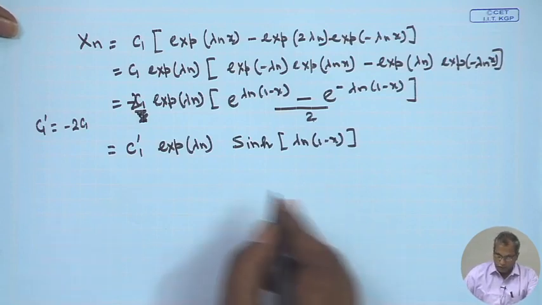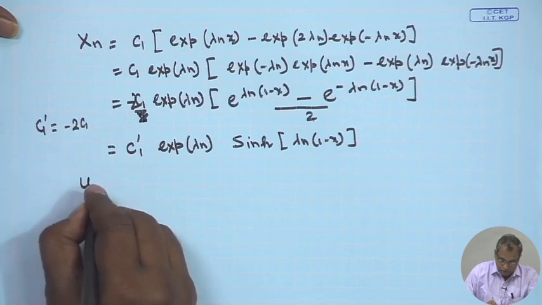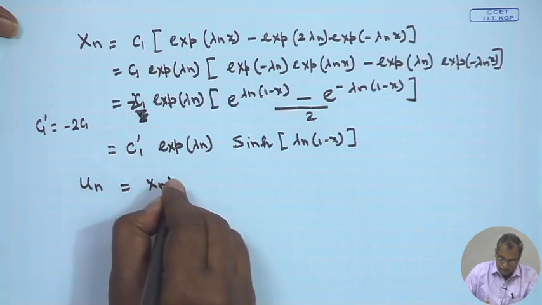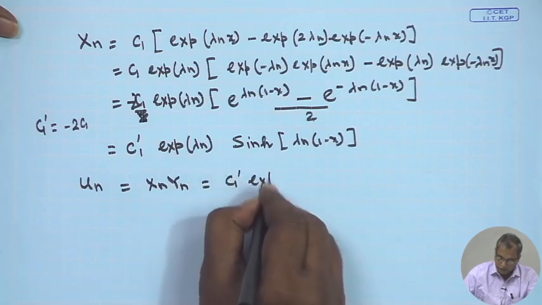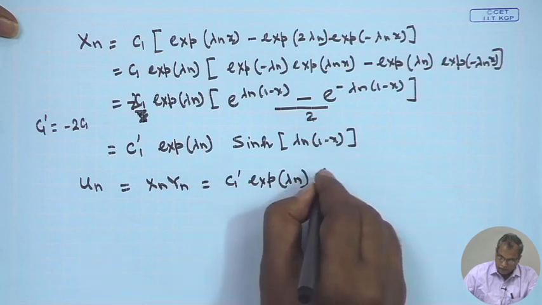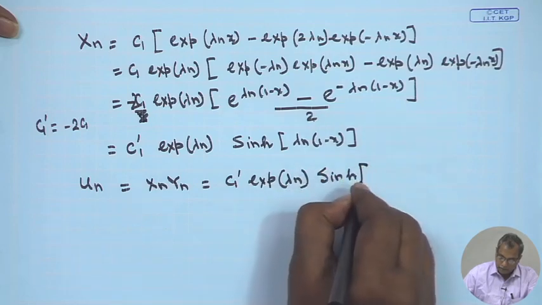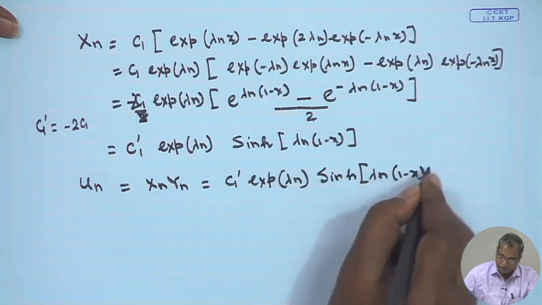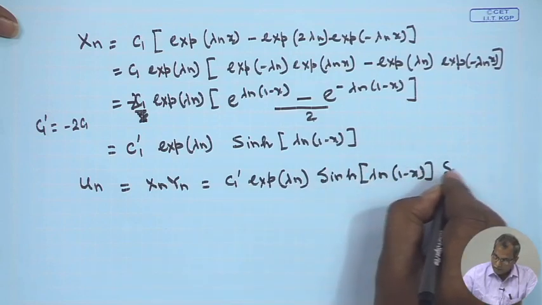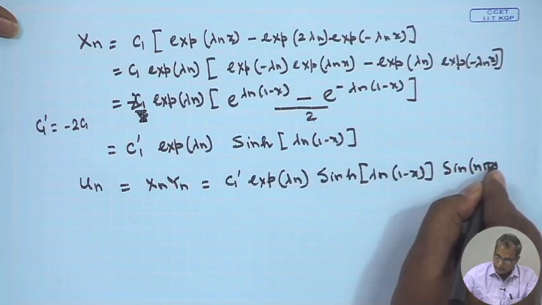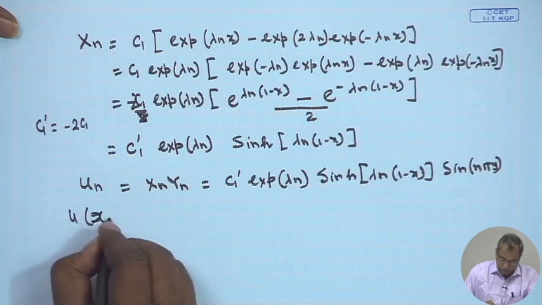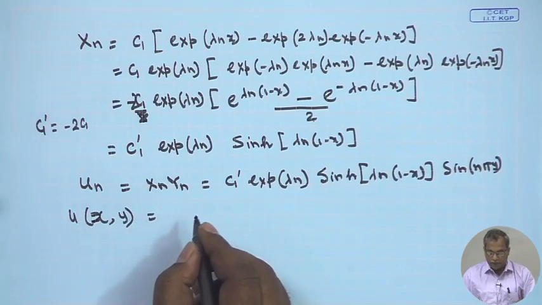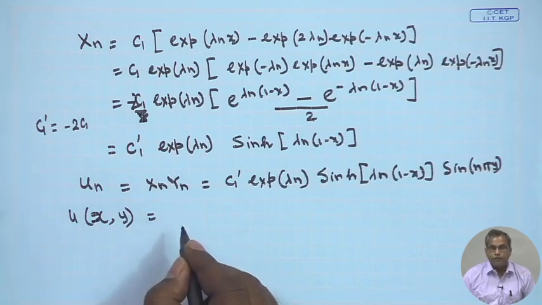So, we will be able to write down the complete solution. U n is nothing but X n Y n. So, U n is C 1 prime exponential lambda n sine hyperbolic lambda n (1 minus x) times sine n pi y, and u as a function of x and y will be the summation of all these solutions, by putting them up using the principle of linear superposition.